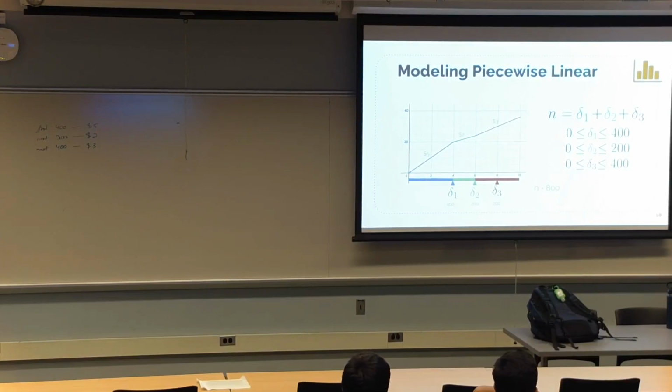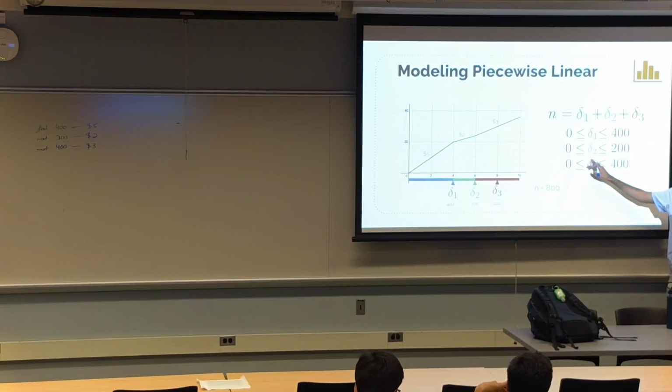What do you think? You'd also need, if delta 2 is greater than 0, then delta 1 is 100. Yeah, exactly. These are not the only constraints. Because if we just put it like this, then we could have delta 2 equal to 200, delta 1 equals 0, delta 3 equals 0.